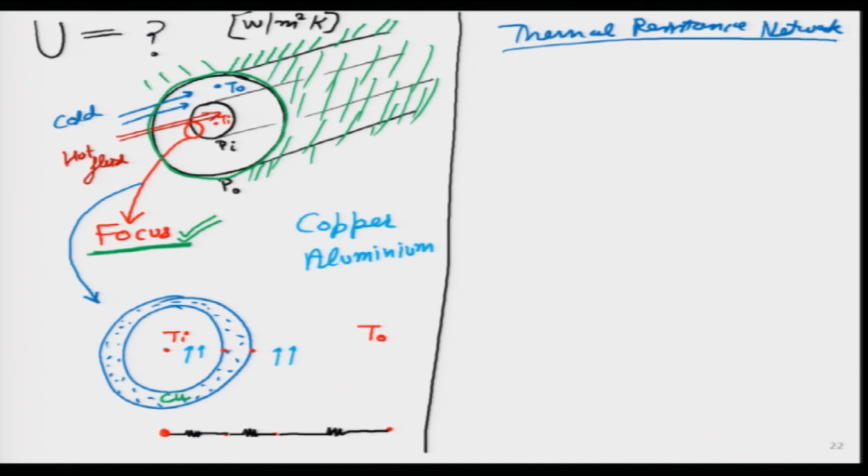What are these red dots? This is the temperature of the inner fluid, the first temperature, and the last one is the temperature of the outer fluid. And let us talk in terms of resistance. This first resistance I will call R1, then this one is resistance R2. What is this resistance in between?